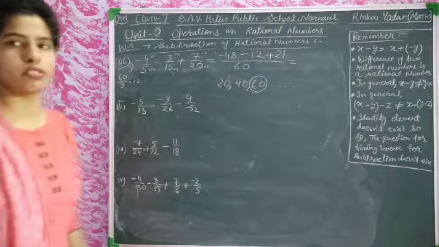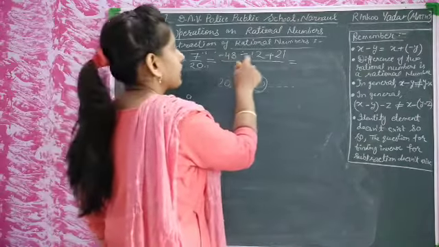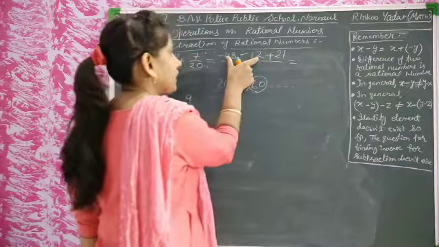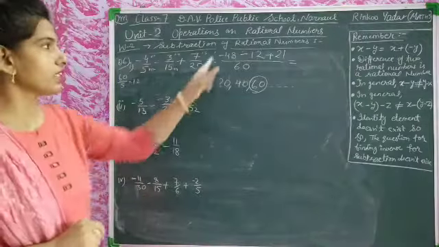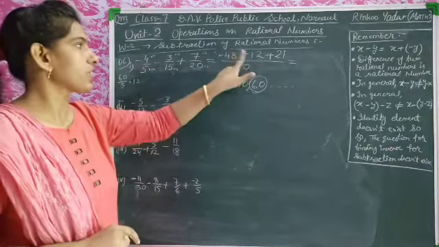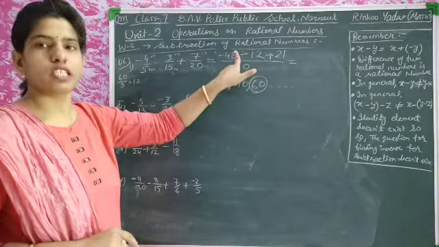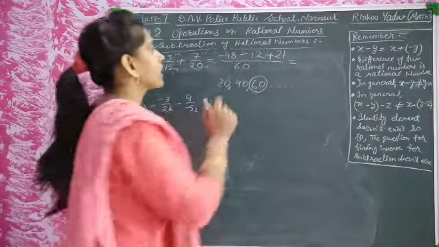So it becomes minus 48 minus 12 plus 21. Same sign, sum. First solve these numbers, same sign, we take a sum.